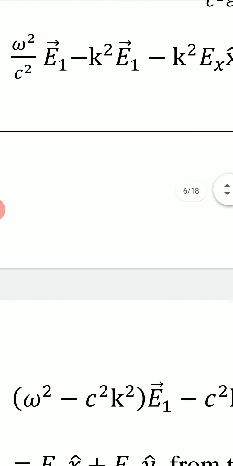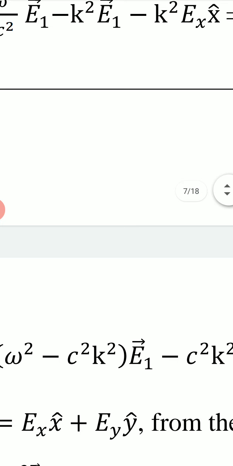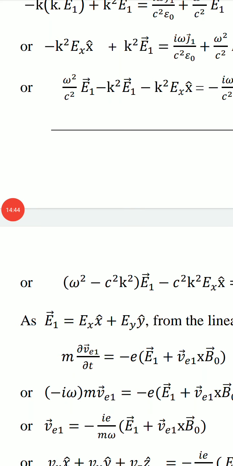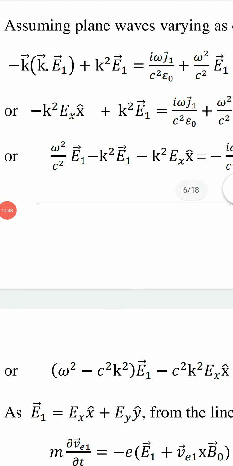Now in two terms we have E1 vector. Take E1 vector common. We multiply this equation by c square also.